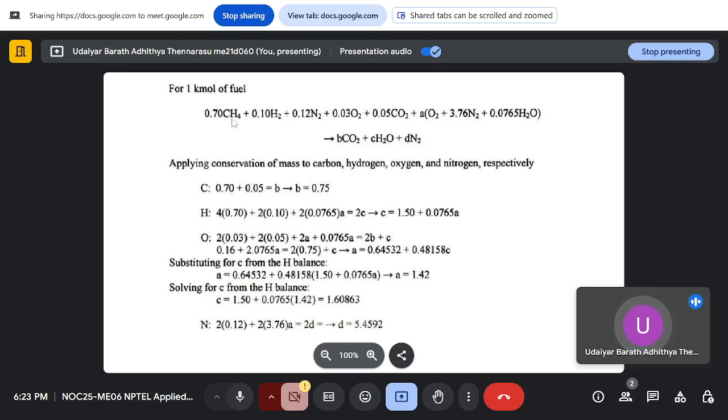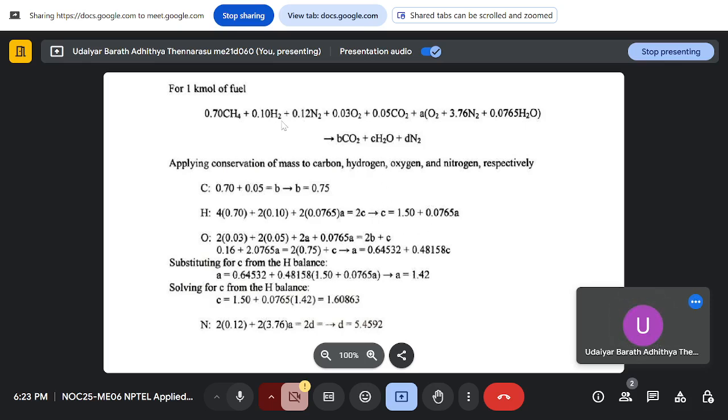Then doing a hydrogen balance, 0.7 into 4 plus 0.1 into 2 plus 0.0765 into 2 into A equals 2 times C. So we get one expression, C equals 1.50 plus 0.0765A. So that is one equation.